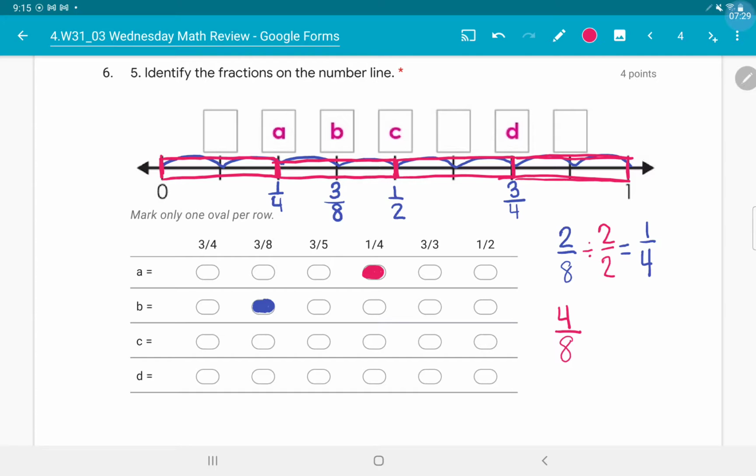What do you mean 4? 4 is not equal to 2. But what do you mean by that? How do we know that 4/8 is the same as 1/2? What's the relationship between 4 and 8?